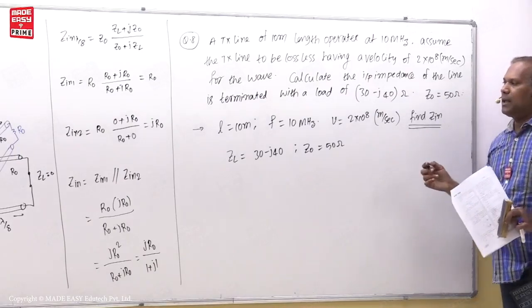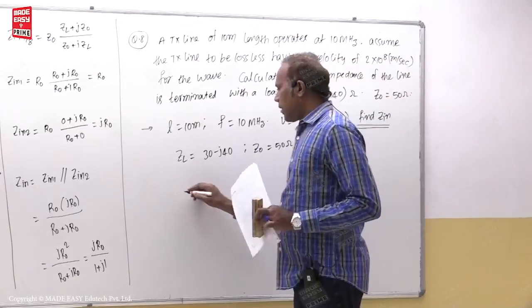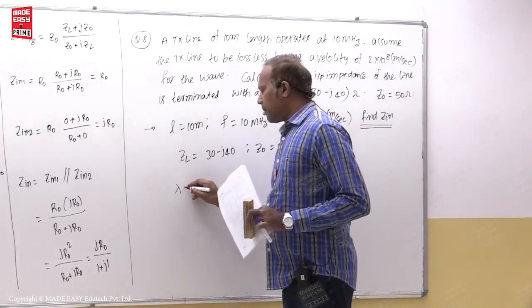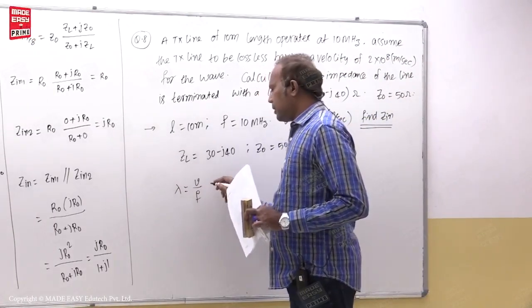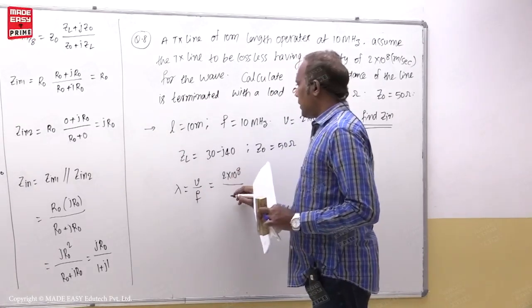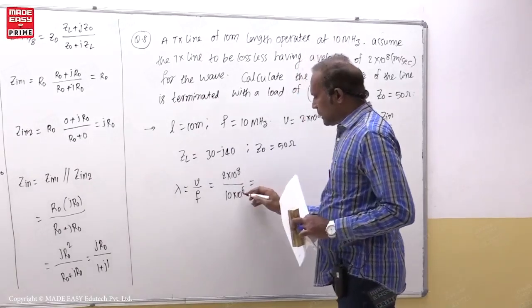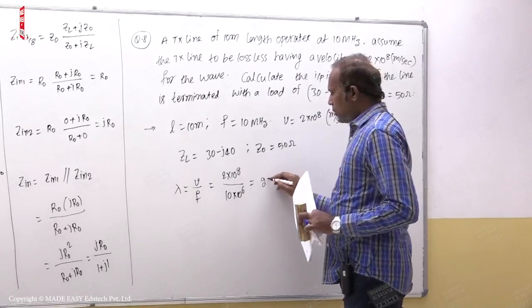For that purpose, you should know the length of the transmission line. So I will find like this: lambda is equal to V by F. V is given as 2 into 10 to the power 8, divided by frequency 10 megahertz, which is 10 power 7. So you get 20 meters.